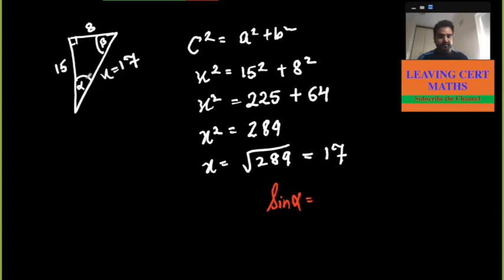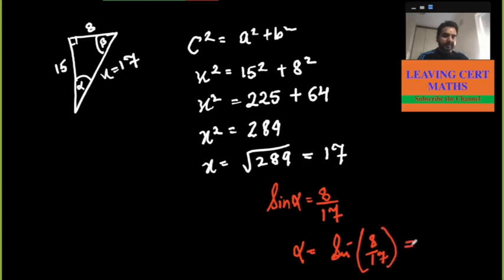So the opposite is 8 over 17. Now alpha equals sine inverse of that. Put that in the calculator, it will give you the exact answer. It's equal to 28 degrees.